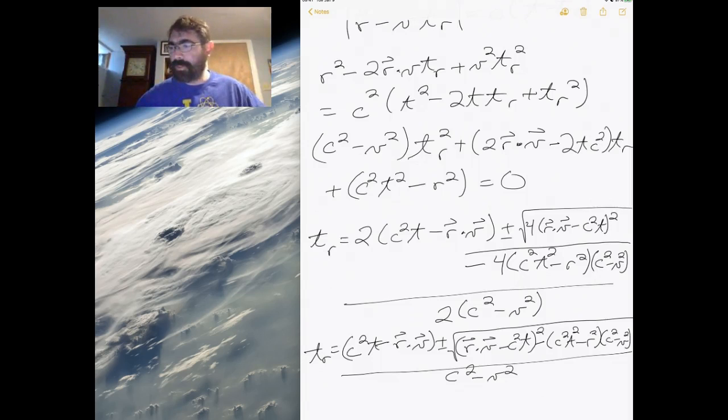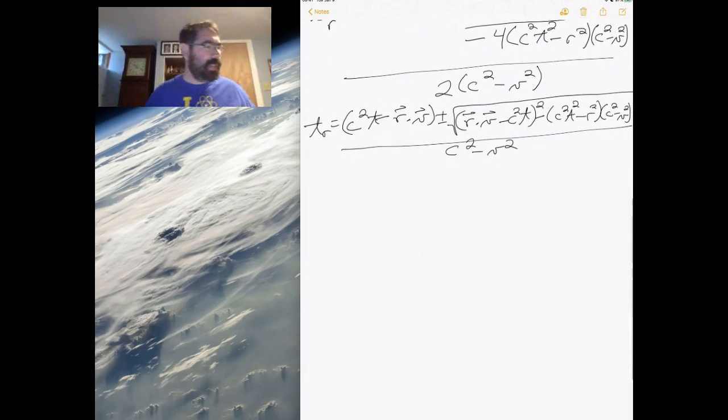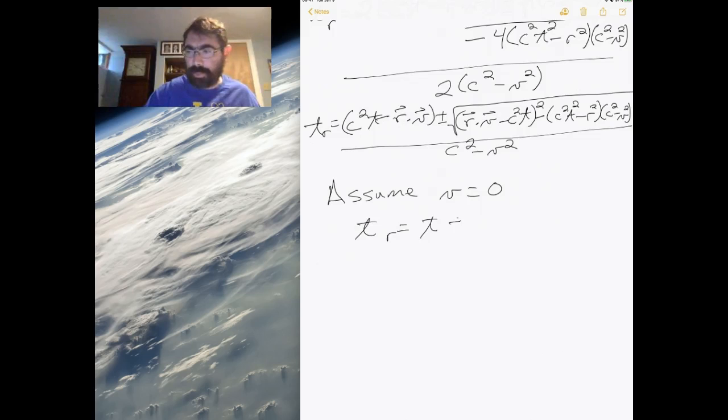Okay, so let's move this up. And now let's assume that v is equal to 0. Therefore, the retarded time is t plus or minus r over c. Take the minus sign in the previous equation right up here. Take the minus sign right there.